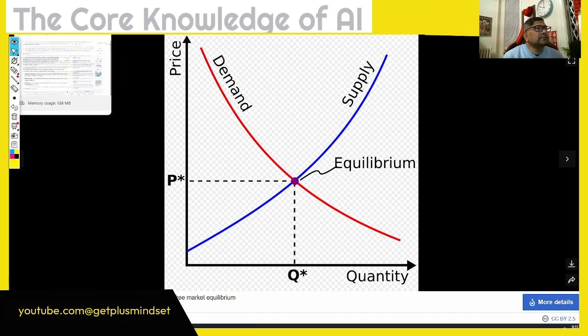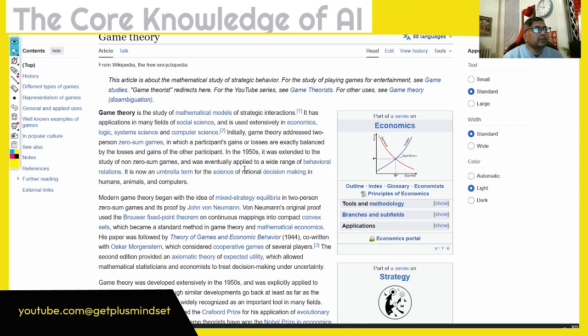So there is a big theory available in mathematics, which is known as game theory. Big industry uses this game theory, and it is a very good tool for decision making.